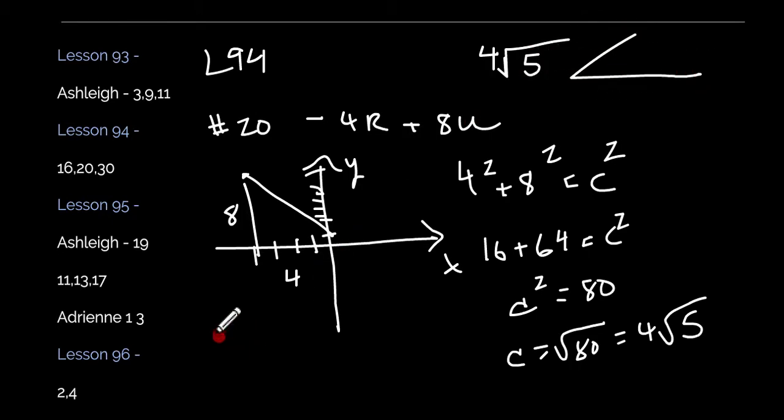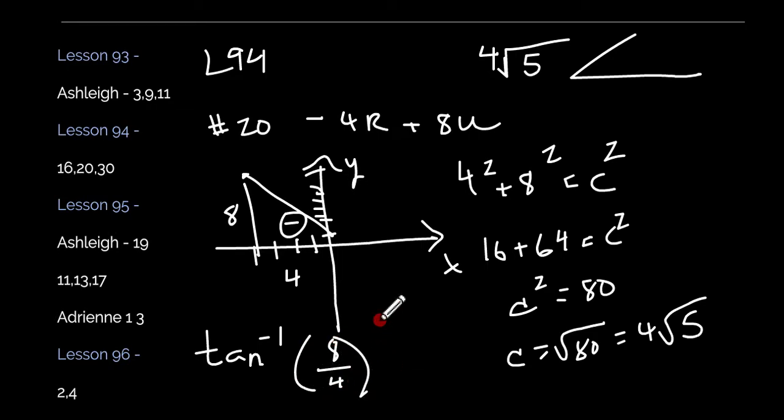Remember the angle, we use the inverse tangent. This is your angle right here that you're looking for, kind of. When you pop the inverse tangent of that into your calculator, you get 63.43. Now here's the issue. That's this angle right there.